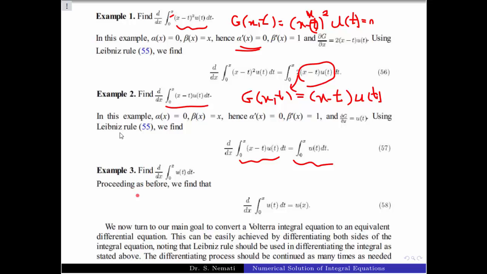In the next example, we want to obtain the derivative of the integral that appeared in the previous example.